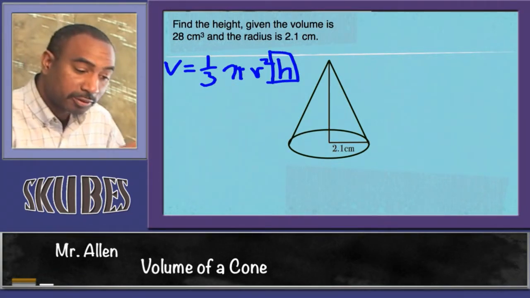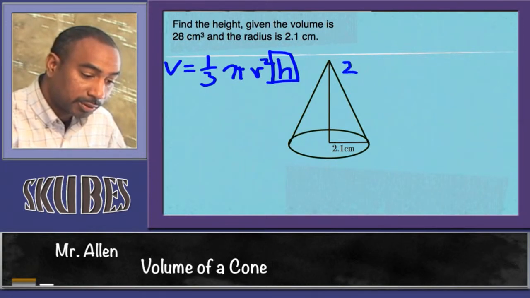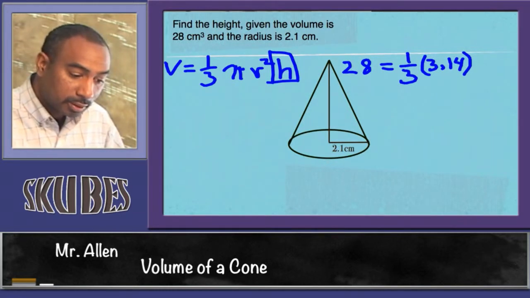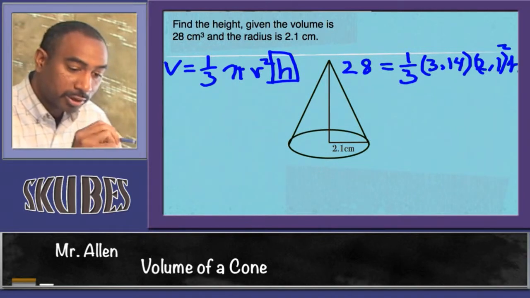In this case, they tell us what the volume is. It's 28 cubic centimeters. Set that equal to 1/3 times 3.14. The radius is 2.1 squared times the height. We're looking for h.